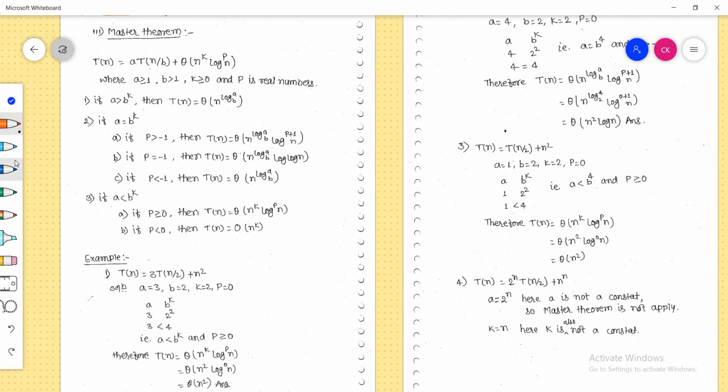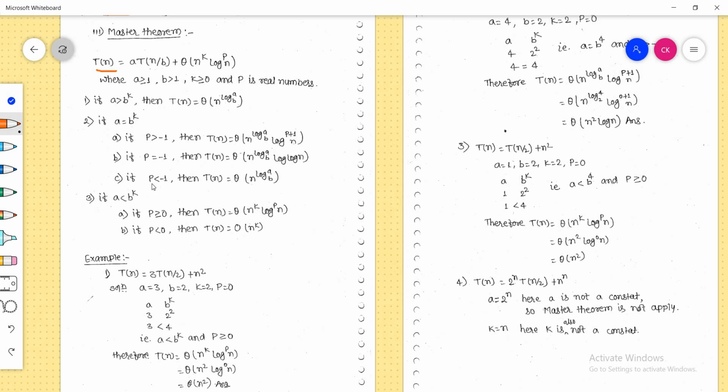Okay, so master theorem says that if any function T of n is of the form a T(n/b) plus theta of n to the power k log to the power p of n. And first let me clarify that there are various versions of master theorem.